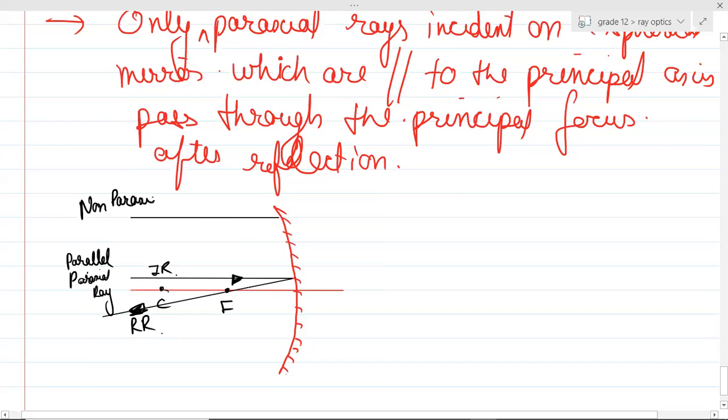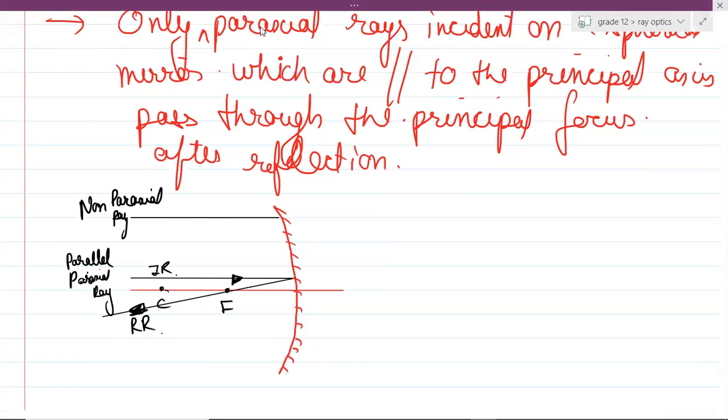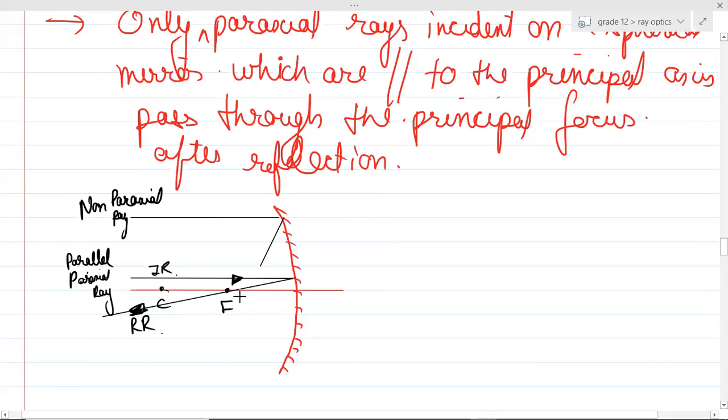This is not near to the principal axis. So this light ray will not pass through the focus, but passes through here at a point, in this direction. Can you see? It passes through this point. Are you getting my point, guys?